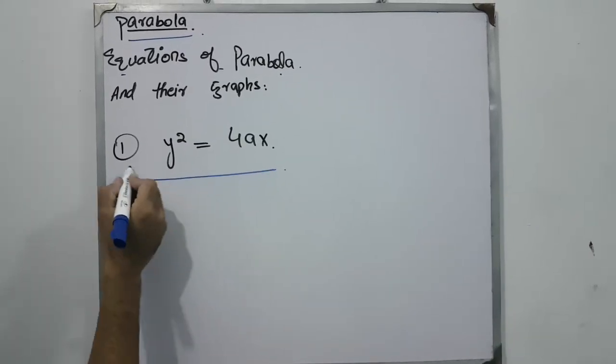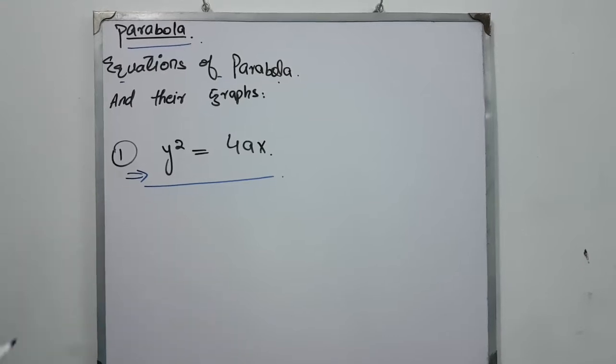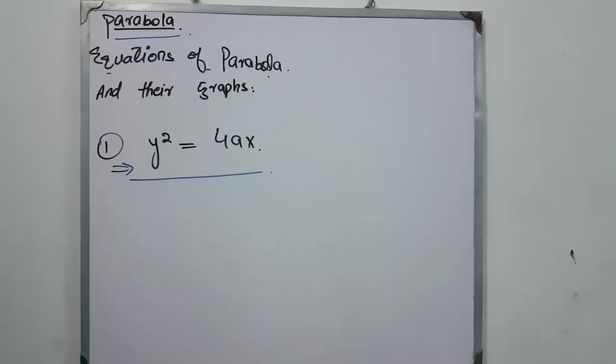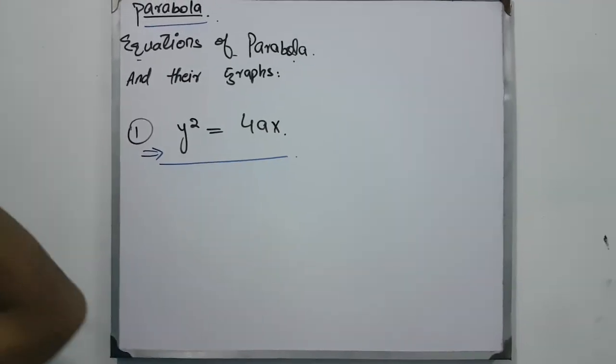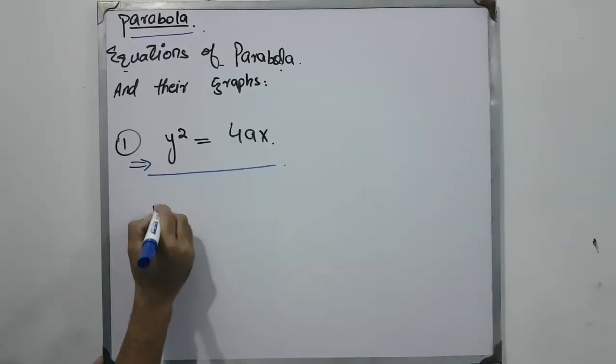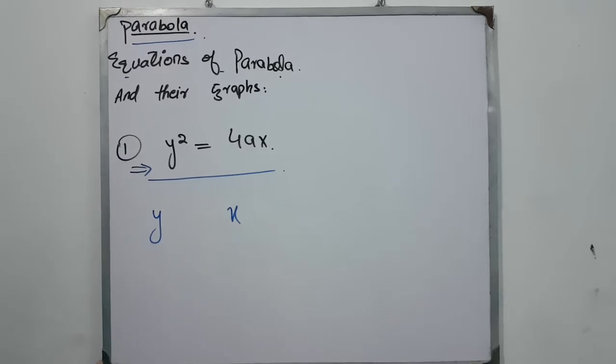From them I just wrote one equation. Right now I will discuss one equation: y square equals 4ax. Basically, the equation of a parabola involves two variables, y and x.